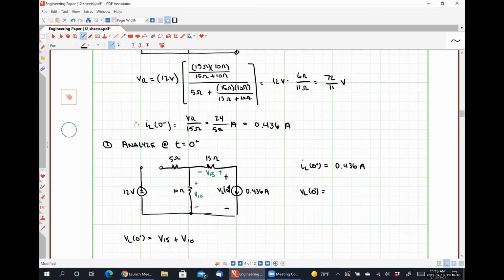Does anybody have any problems with that statement? No. All right. So Sarah, since you piped up, I'm going to pick on you. How do I determine V15 and or V10?